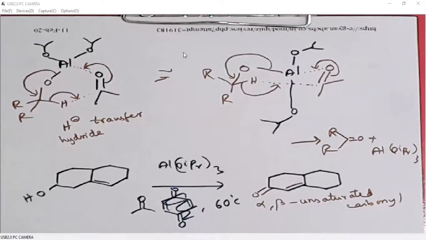So in Oppenauer oxidation, a homoallylic alcohol can be oxidized and the double bond can be simultaneously migrated, so that we will get the alpha beta unsaturated aldehyde.